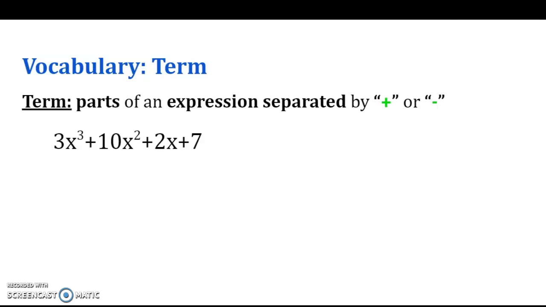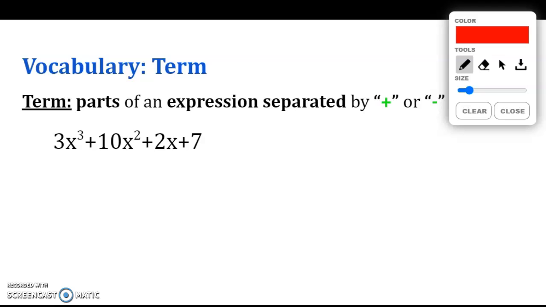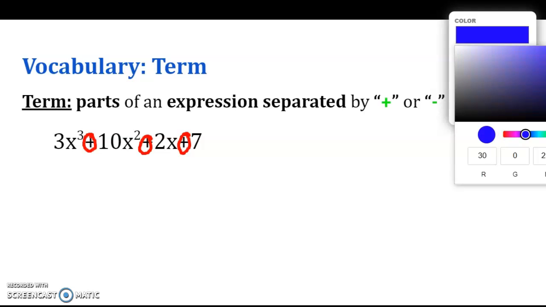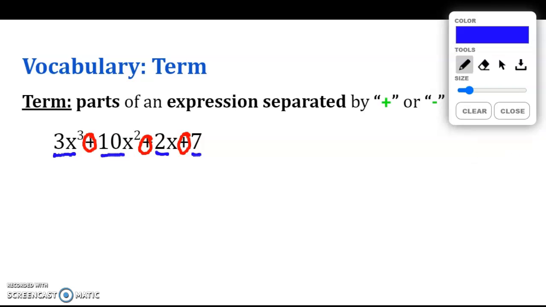Those are the separators. So which are the terms? We have 3x to the power of 3, 10x to the power of 3, and 2x and 7. So we have 4 terms. 1, 2, 3, 4.